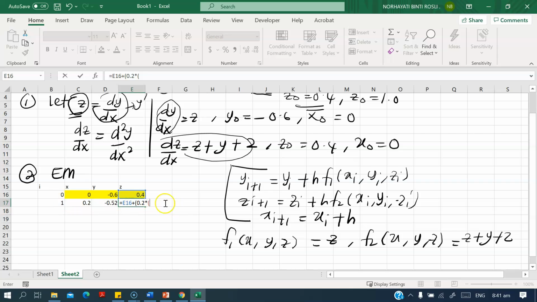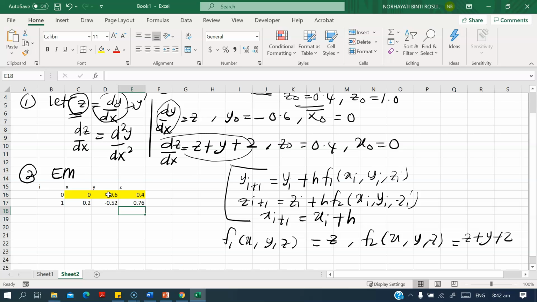So for z you need to use your z0, this value, plus y. y is given by this y0. And then plus 2, close the bracket, and click enter. You got this solution.